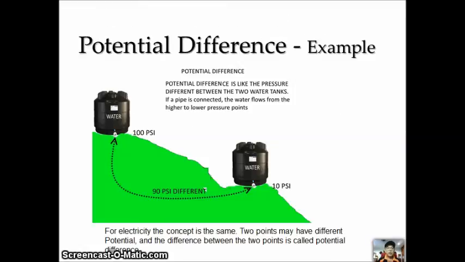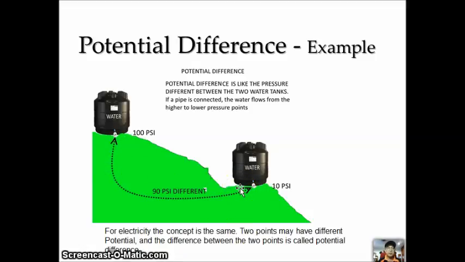In the same way, we can see if we have two water tanks, one producing 100 psi and the second one producing 10 psi, each with its own pressure. What is important is that there is a difference between the 100 psi tank and the 10 psi tank. If you connect a pipe, then the water will flow from the 100 psi tank to the 10 psi tank.